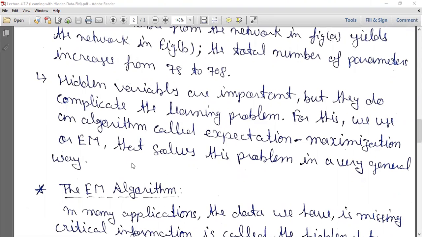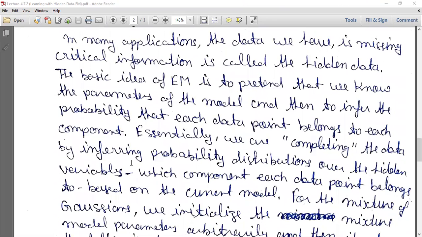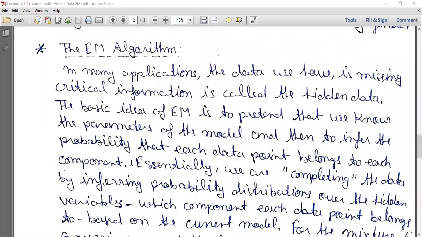For this, we use an algorithm called expectation maximization, or the EM algorithm, that solves this problem in a very general way. What is the EM algorithm? In many applications, the data we have is missing critical information, called the hidden data.